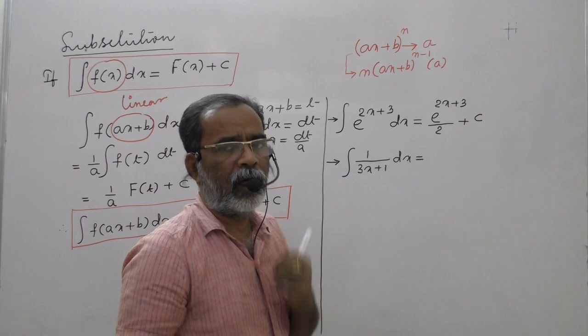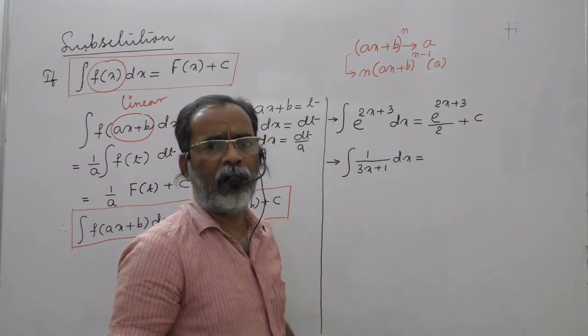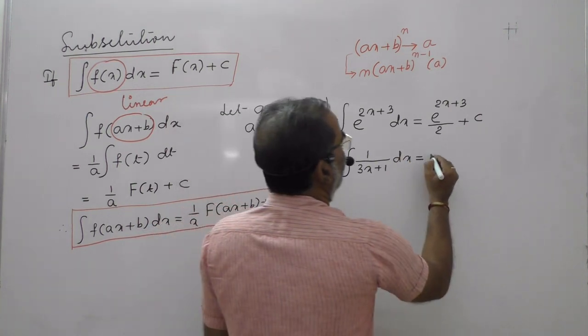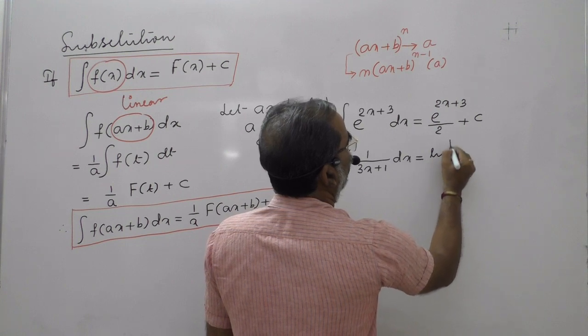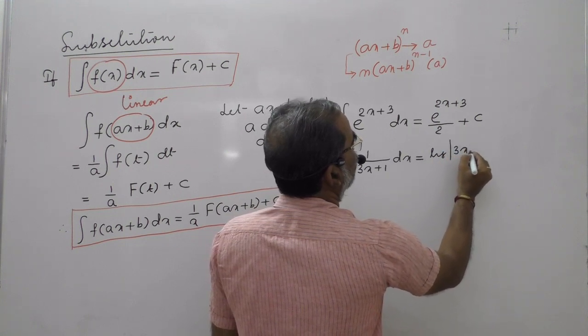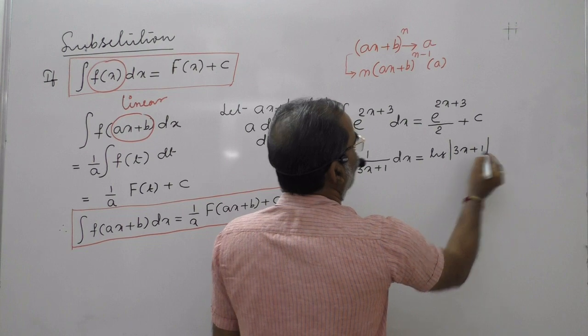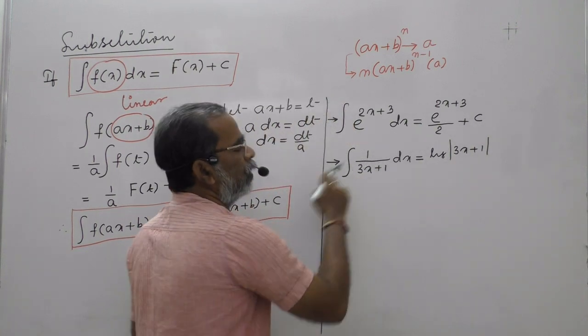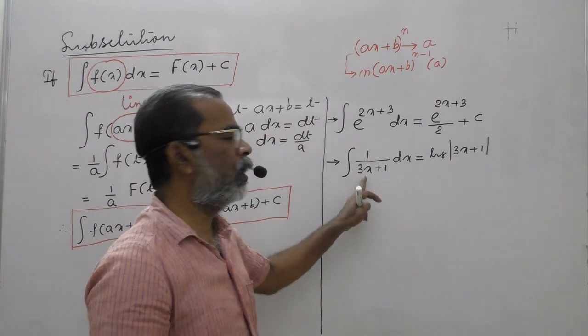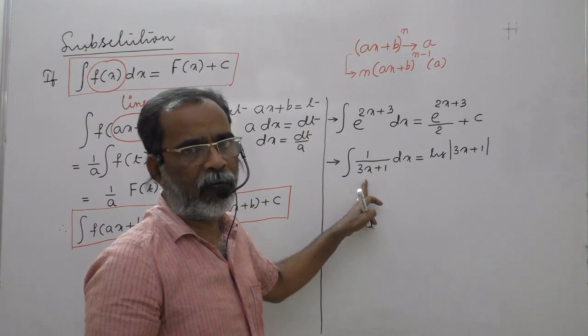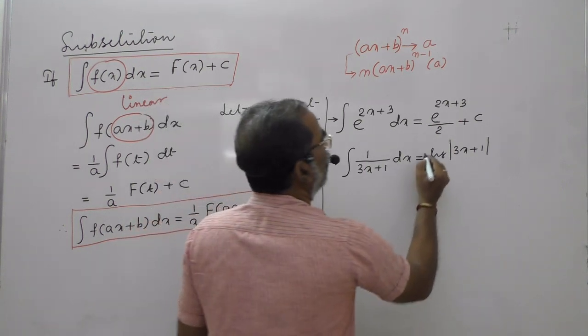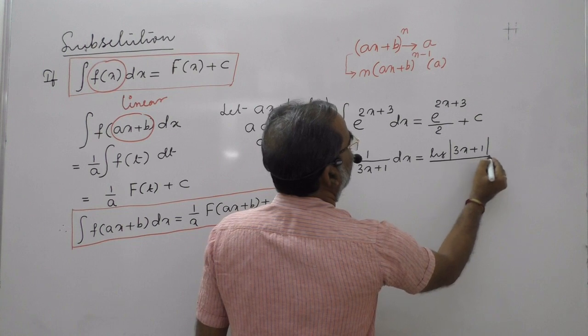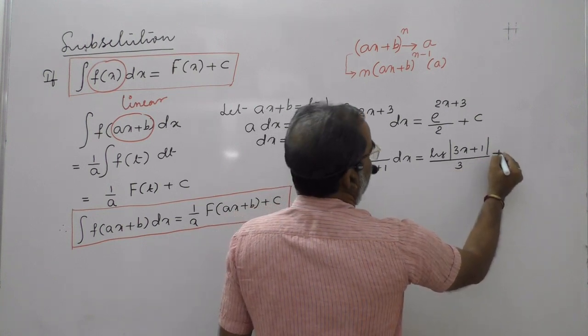What is the integral of 1 by x? Log of mod x. You can apply that. So this is log of mod 3x plus 1. But here x is not there. In place of x there is a linear factor whose derivative is 3. Therefore here we will get divided by 3, plus c.